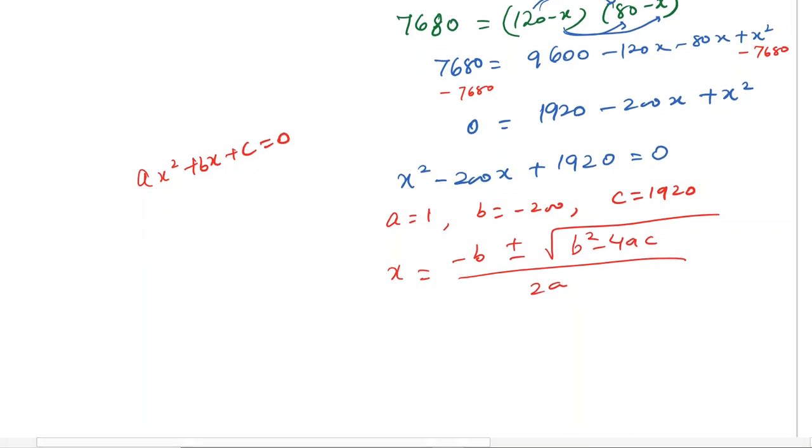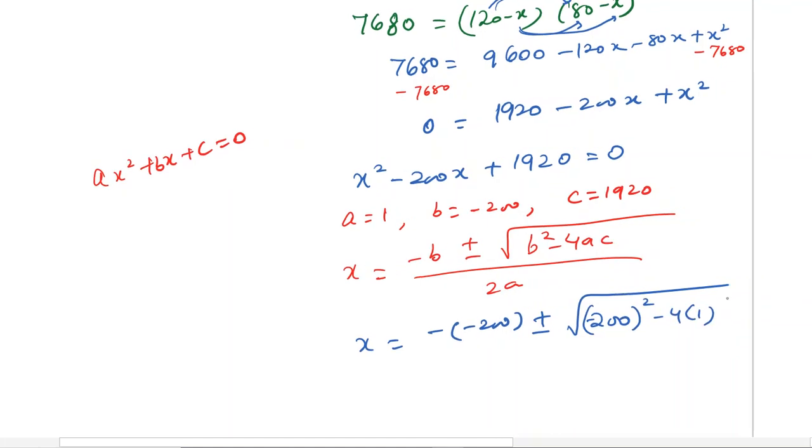So plugging in the values of a, b, c, we get negative of negative 200 plus or minus the square root of negative 200 squared minus 4ac, divided by 2 times 1.